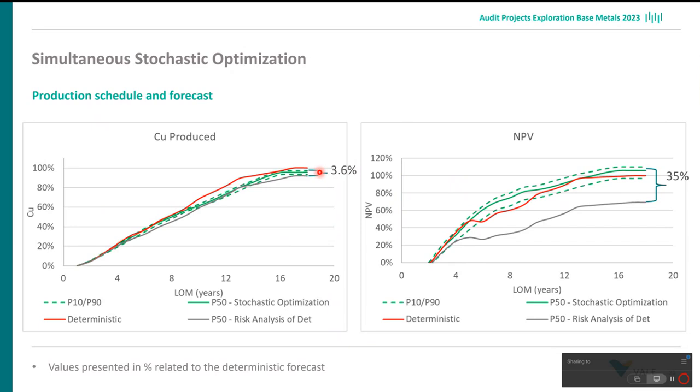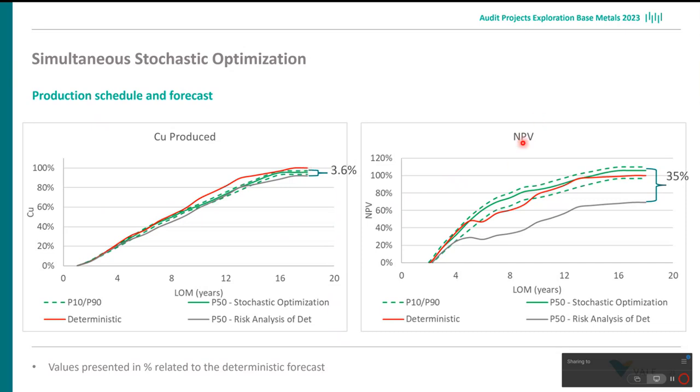And regarding copper produced, we were able to obtain almost 3.6% more copper than the risk analysis of the deterministic model. That's still below what was initially forecasted by the conventional forecast.